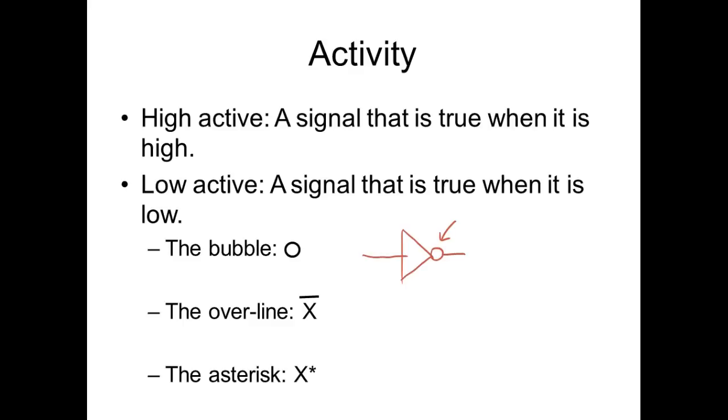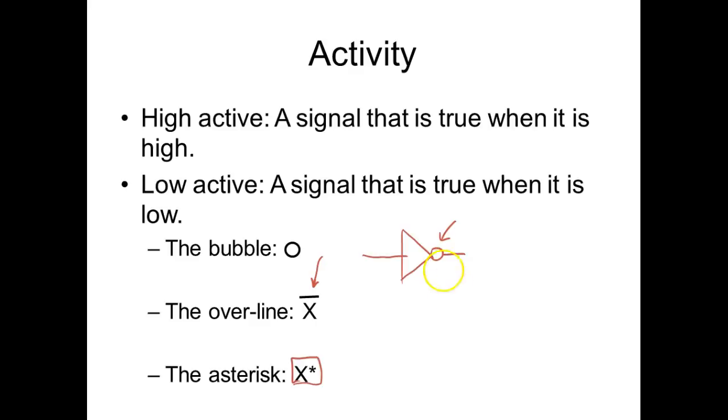Now in Boolean, the way we indicate something is low active is we put a bar above it. For years, printers did not have the ability to overstrike. They didn't even have the ability to underline. So what we did for years is follow it with the asterisk sign. If you ever get into any older logic books, they'll represent it with an asterisk, and that's still true. Are we okay? That makes sense?